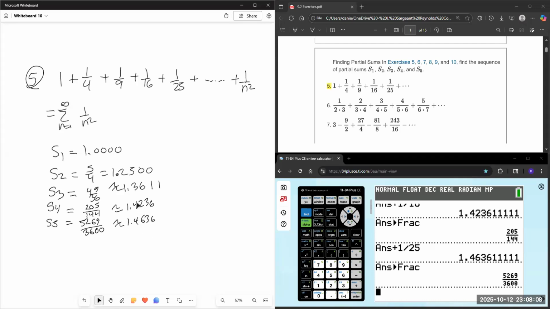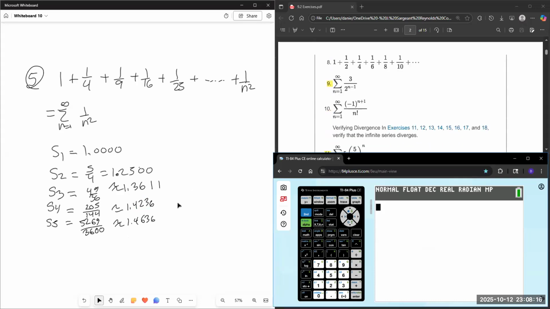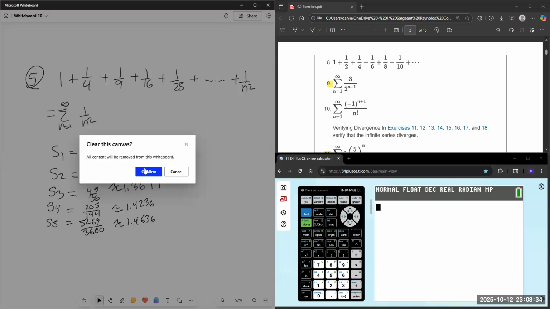I don't know how much is going to be added here, but it looks like it's possible that this could go towards something. What it goes towards is not important to us right now. Just seeing if the list of partial sums blows up to infinity or looks like it's converging to a finite number. This looks like it's converging to a finite number.